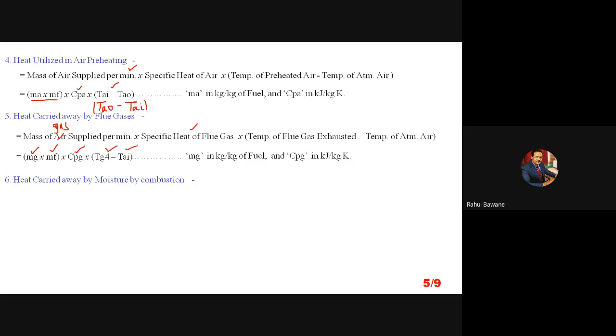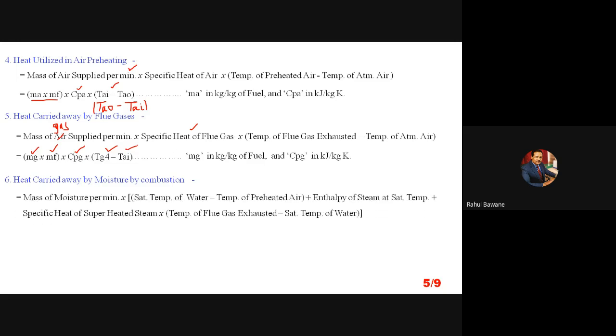If we calculate, we find there is an imbalance. So there are many points where we can say this remaining amount is utilized. One point is heat carried away by moisture in combustion. So some heat is utilized to remove the moisture during combustion. So mass of moisture per minute multiplied by saturation temperature of water minus temperature of preheated air, plus enthalpy of steam at saturated temperature, plus specific heat of superheated steam, because the moisture gets superheated.